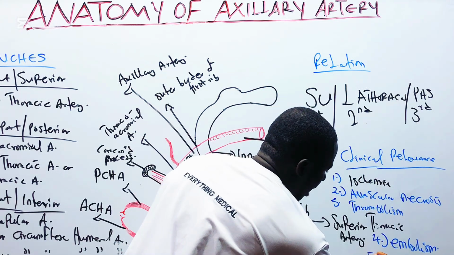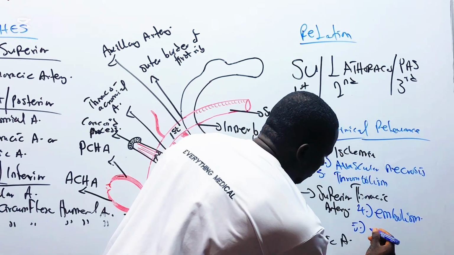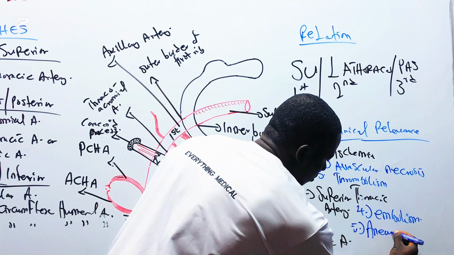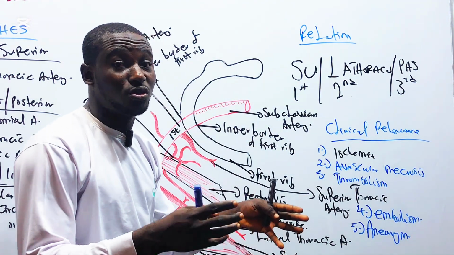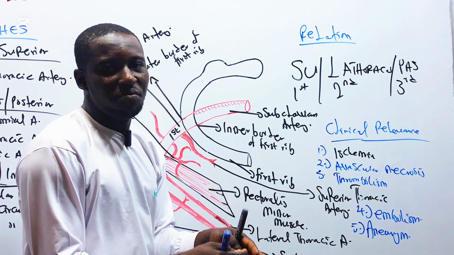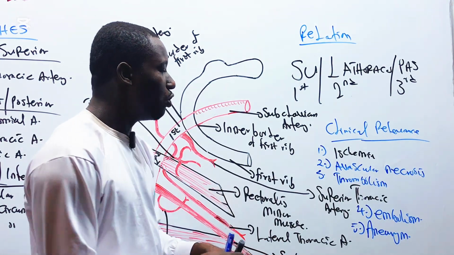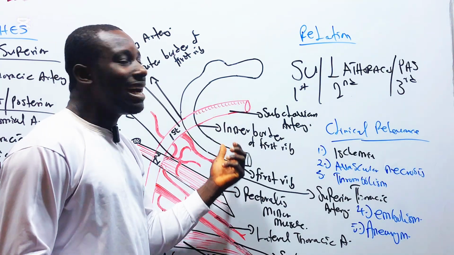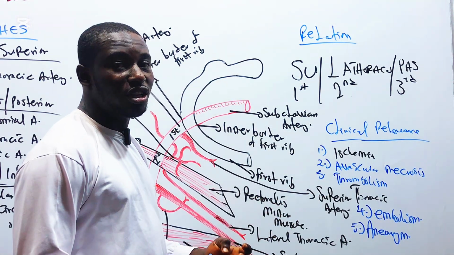So number five is simply aneurysm. Aneurysm simply means abnormal dilation of the blood vessel wall. It could result from high blood pressure, that is hypertension. So the axillary artery could dilate, whereby there is pressure exerted on its wall.